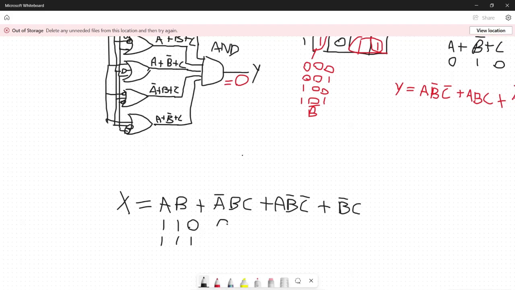And now, let me just put a dividing line. If A is 0, B is 1, and C is 1. Now what happens if A is 1, and this is 0, and this is 0?